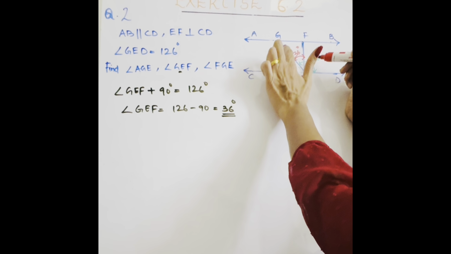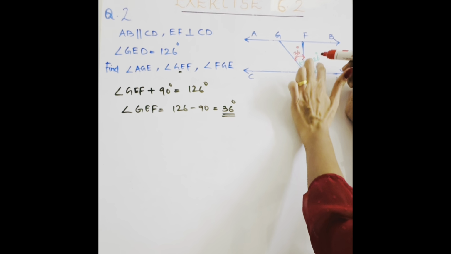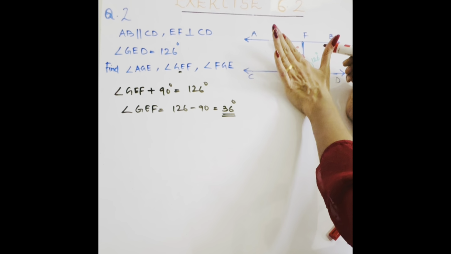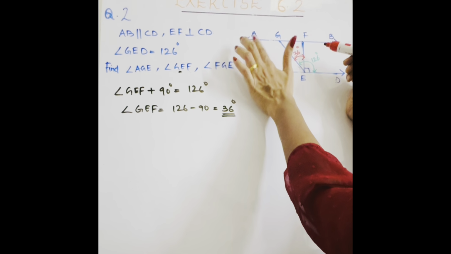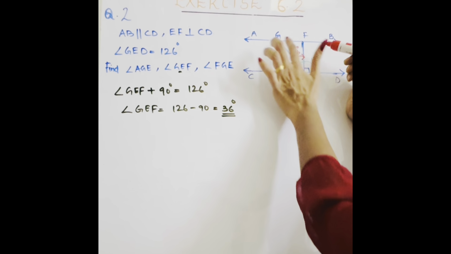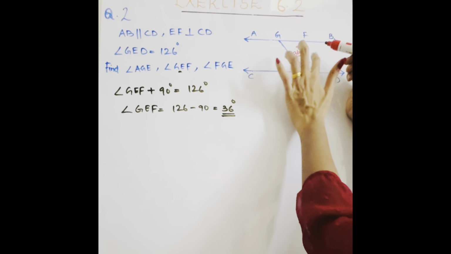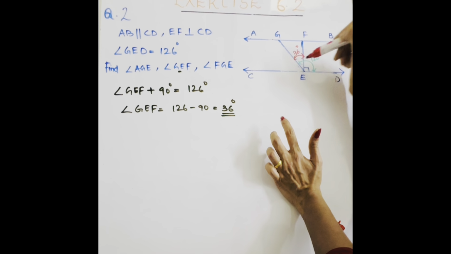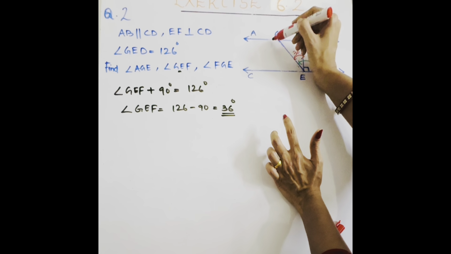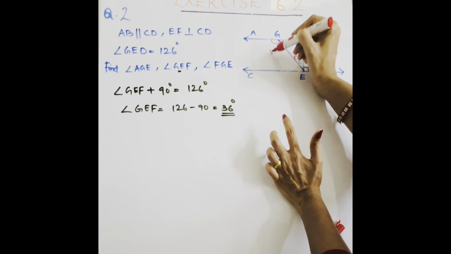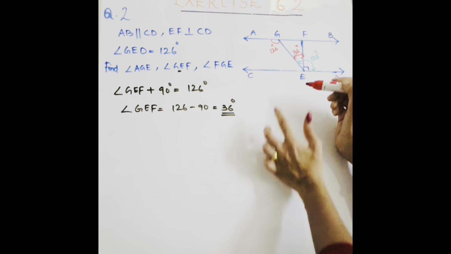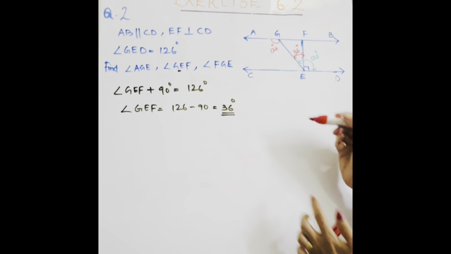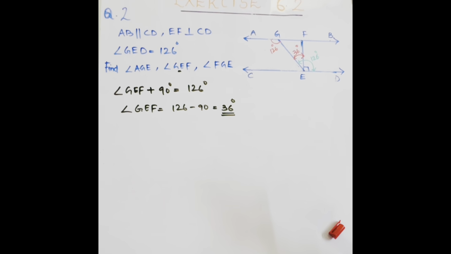Because this is a transversal, the alternate interior angles are equal. So this GED, 126 degrees, this also will be 126 degrees, which is AGE.